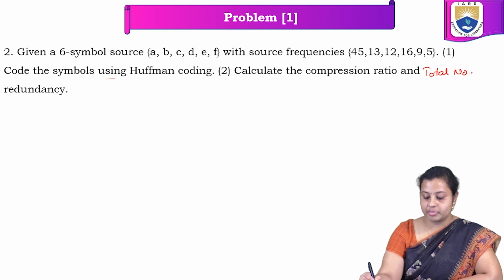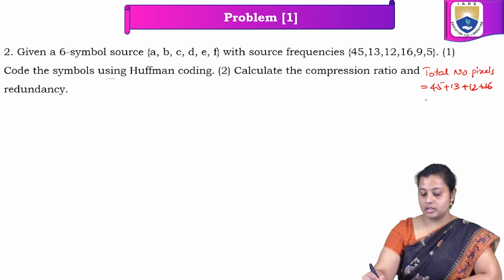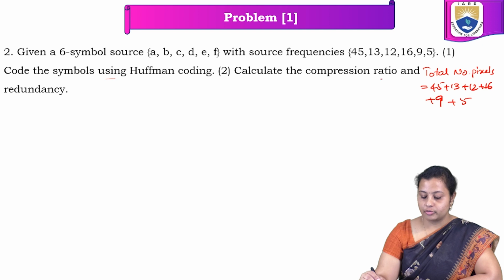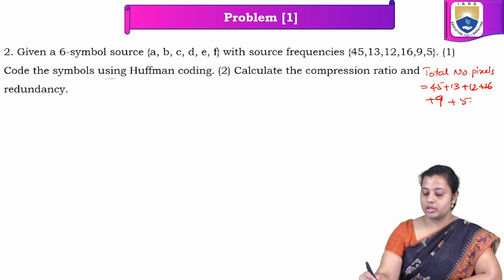Total number of pixels, right? So that is equal to 45 plus 13 plus 12 plus 16 plus 9 plus 5, which comes up to be 100, right?